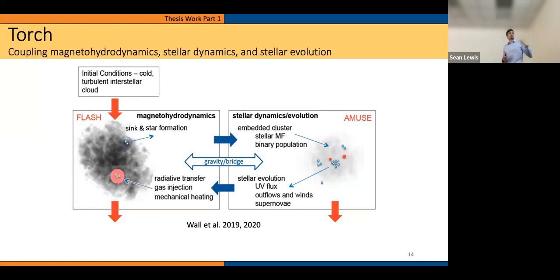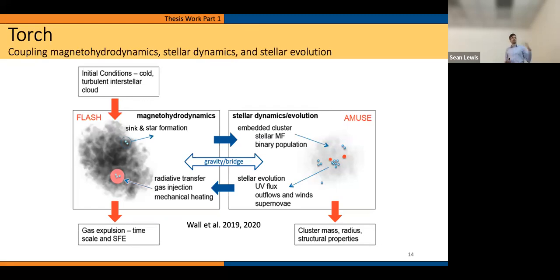AMUSE then also informs FLASH about those feedback mechanisms. So if AMUSE is calculating the amount of ionization energy that a massive star is emitting at any one time, it'll then pass that information into FLASH, which we can then model as ionizing radiation through radiative transfer. We'll cast rays out from a region where the star is sitting, which will heat up the gas around it. So it's all modeled in FLASH.